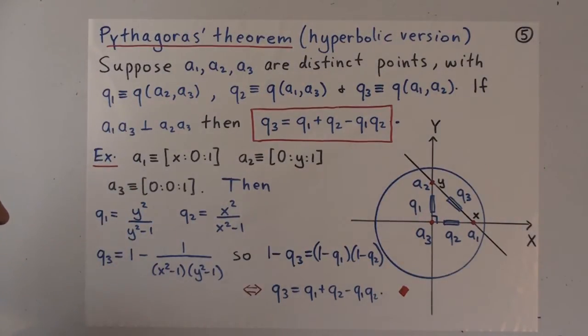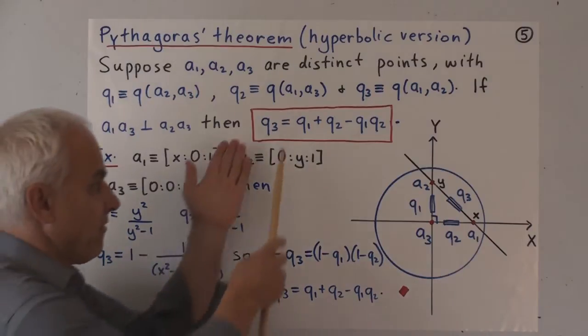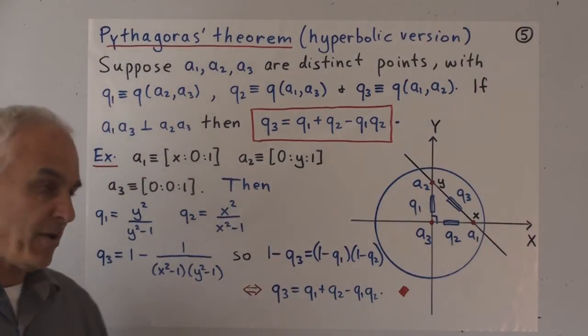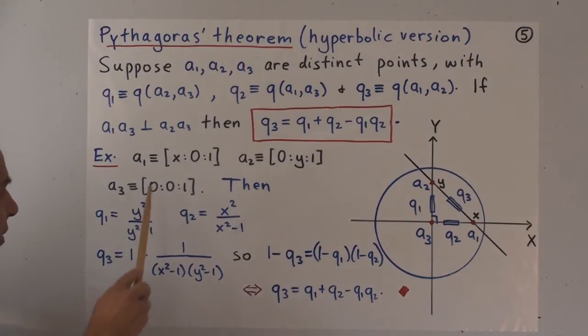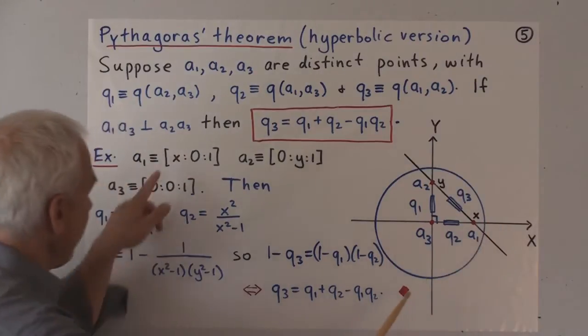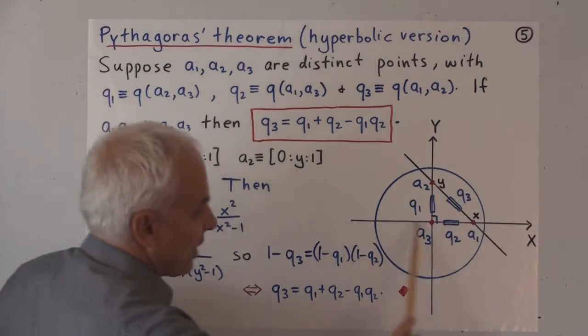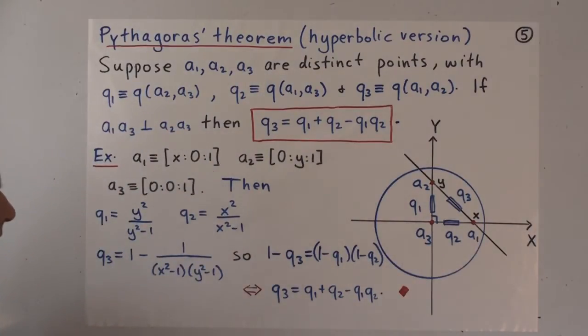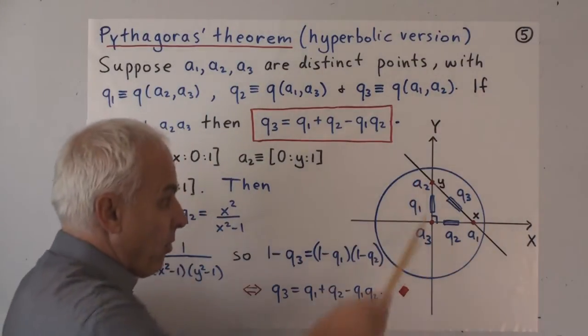Let's do an example that allows us to verify this in a special case using the formulas that we got in the previous page. So we'll consider a situation where A1 is a point on the x-axis, [x : 0 : 1]. So it's actually some point there with an x-coordinate little x. And we'll suppose that A2 is on our y-axis.